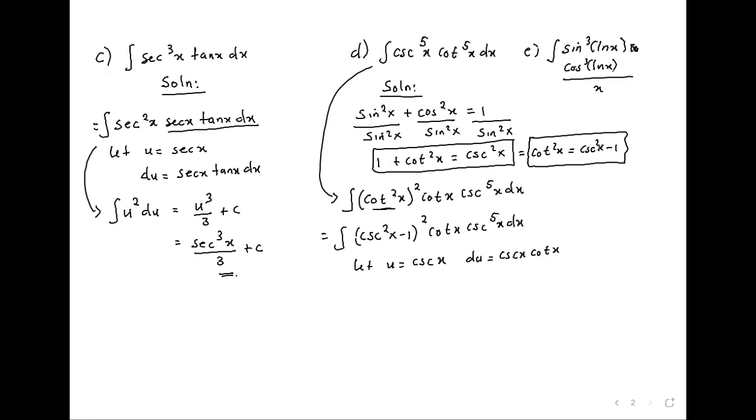So du will be minus cosec x cot x dx. So we substitute now. Here, we put u squared minus 1 squared. Then this cot is here. One of these cosec is here. So I'll put the minus here, and we'll remain with cosec^4 there.